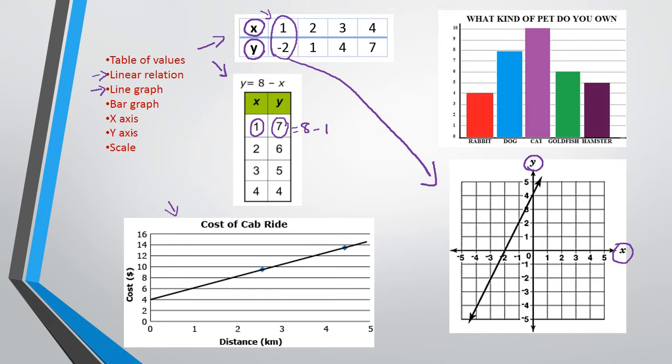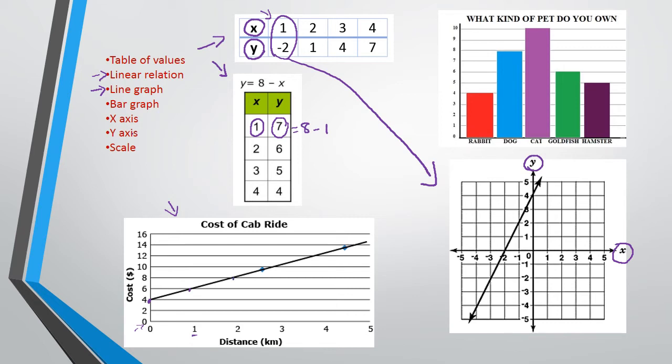So this chart is showing us the cost of a cab ride, and he obviously starts at $4. He didn't start down here at 0. He started at $4. So as soon as you get in the cab, it's going to cost you $4. And if you go 1 kilometer, now we're up to $6. If you go 2 kilometers, looks like $8.